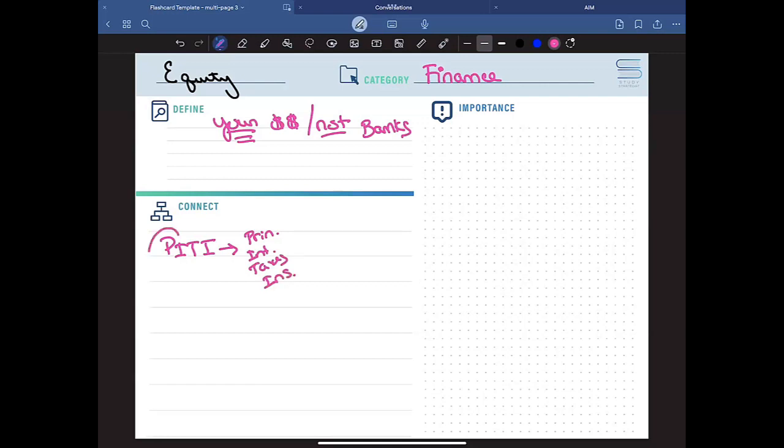And we get how this connects: that's your principal payment. When you make the payment, your equity goes up.